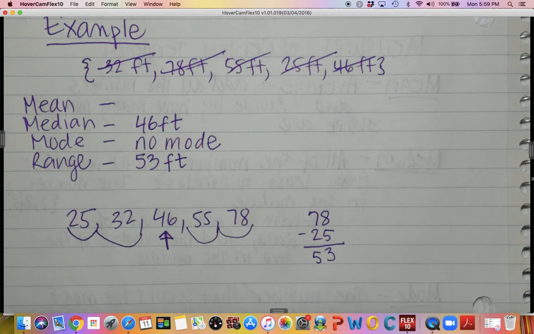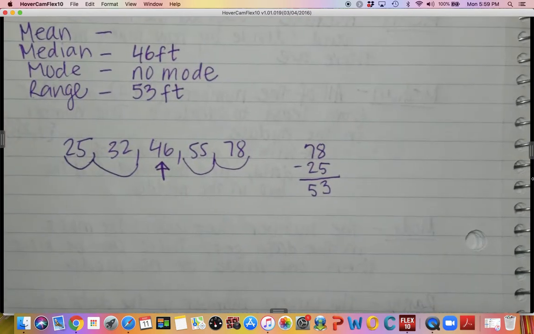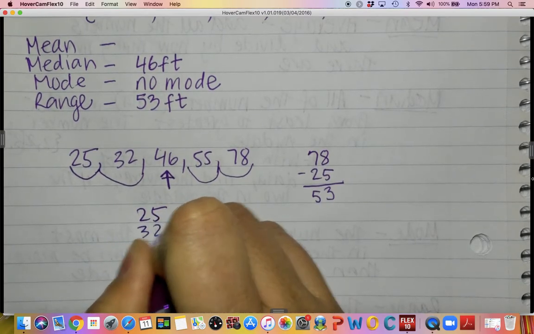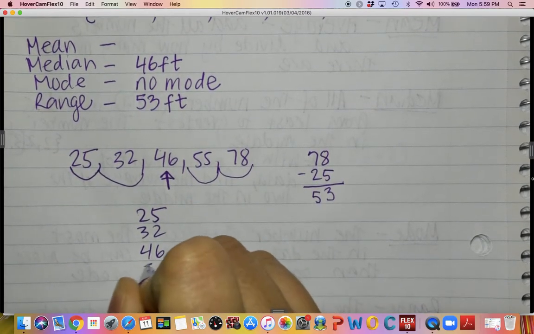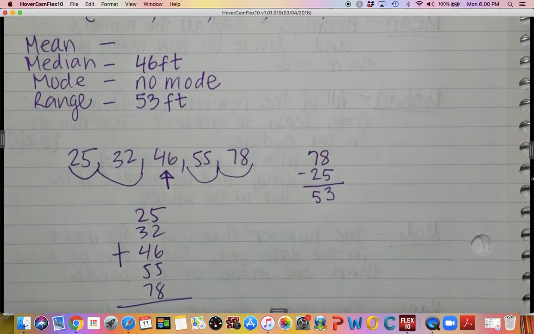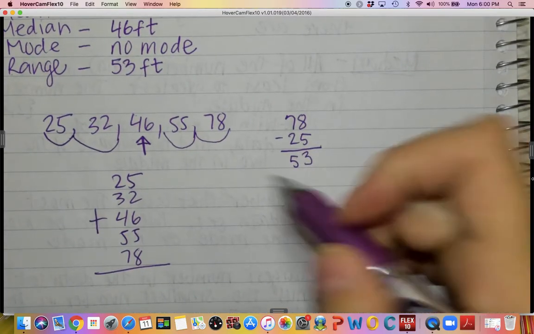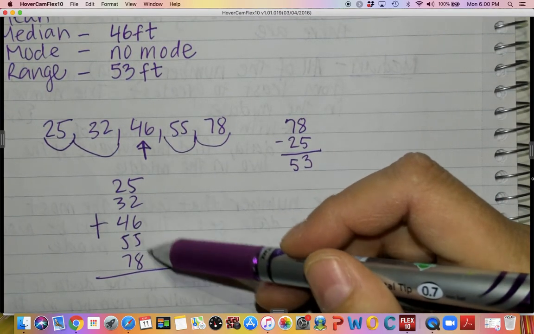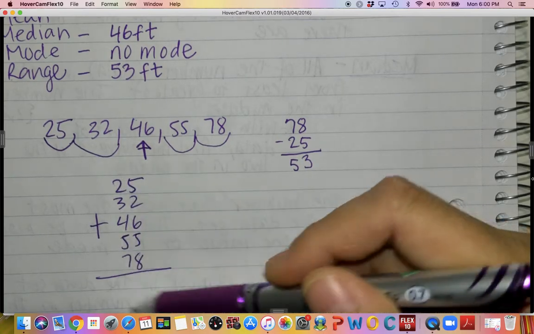Alright, the last part is calculating the mean. So what I'm going to do is I'm going to take 25, 32, 46, 55, and 78 and add them all together. Sometimes it's easier to add 2 numbers and then add another, and then add another and add another. You can add them all together.